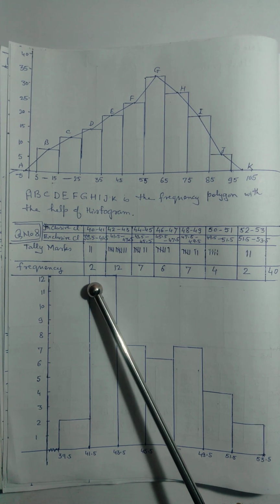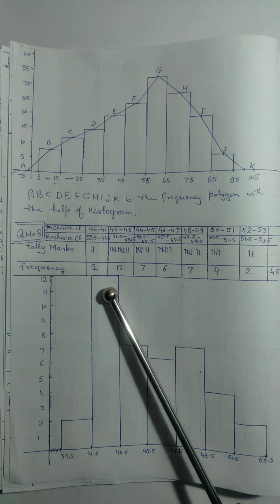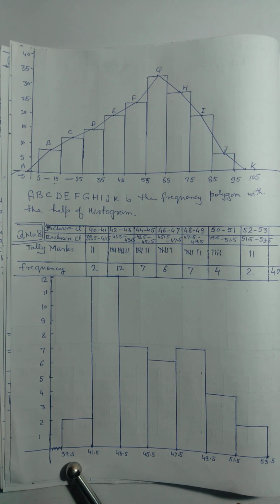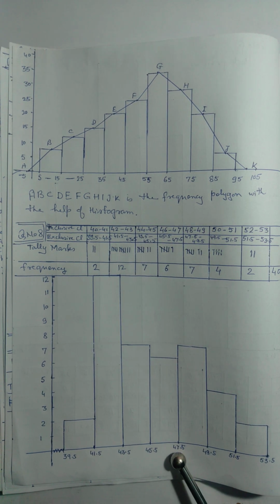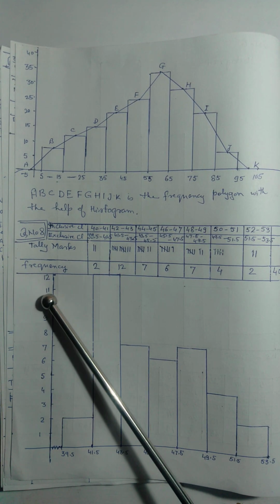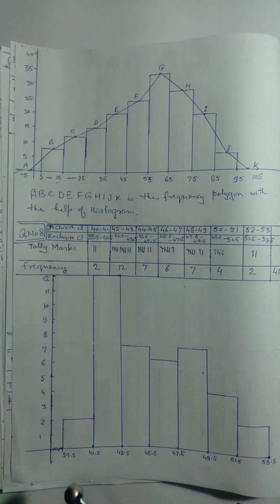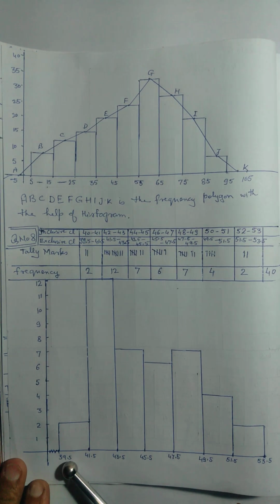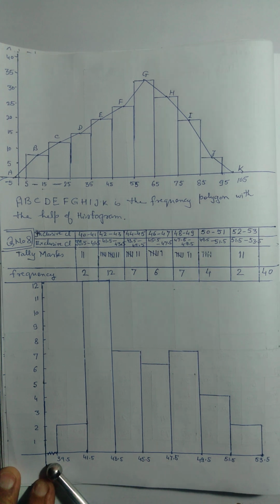Now with the help of the exclusive classes and the frequency which we have worked out, we prepare the histogram. The class is represented along the x-axis and the frequency is written along the y-axis. Here there is again a kink.